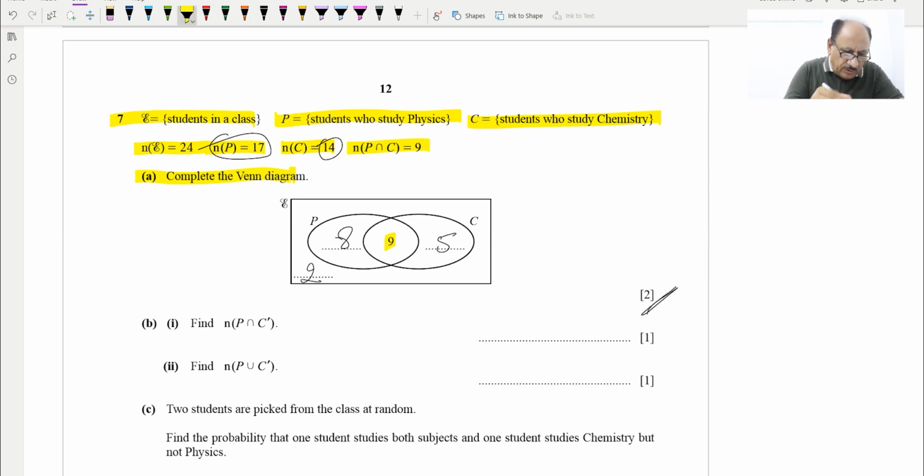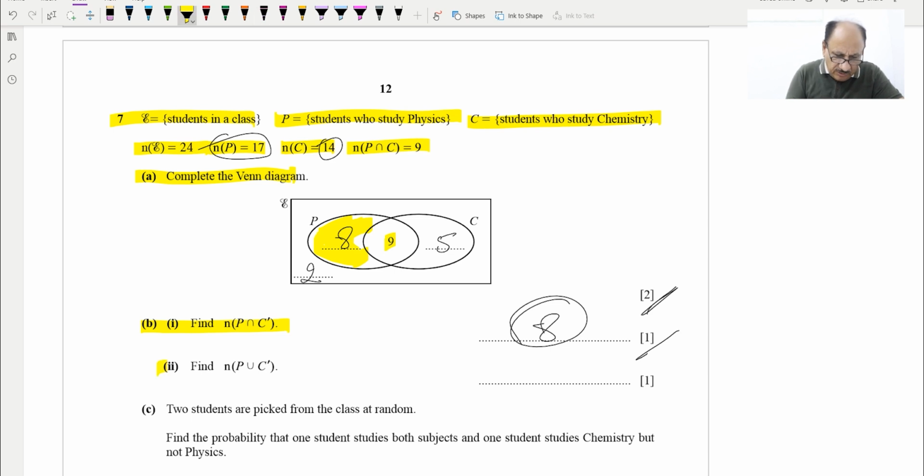Now the next part is n of P intersection C complement. It will be only this outer portion, which we know is 8. So we will write here 8. This will be the answer for 1 mark.